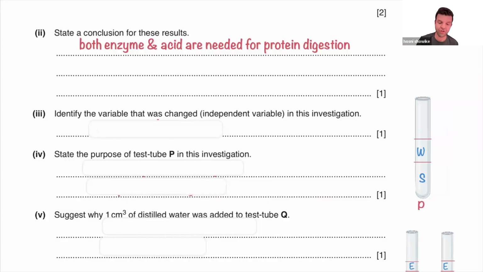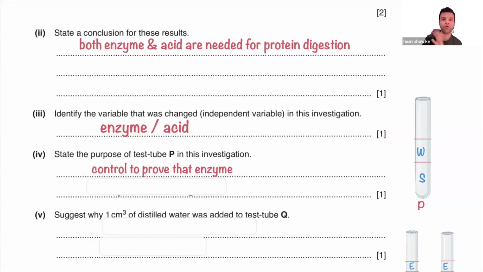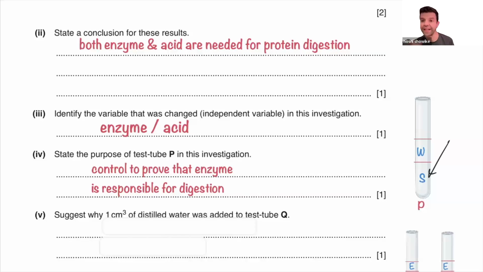I changed the acid or the enzyme, but it's more likely to be the acid, right? And what's the purpose of P? We said that P is for comparison, right? To show me that the substrate, the protein, doesn't get digested by itself, right? Because what if this gave me a blue color? Then it would have shown that there's something wrong with my setup, right?